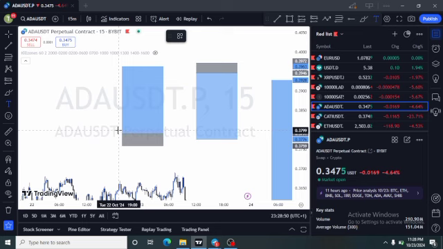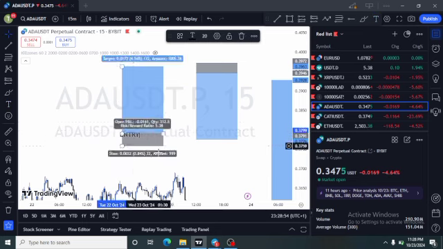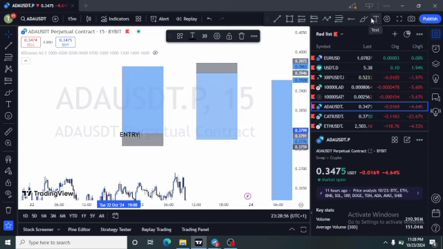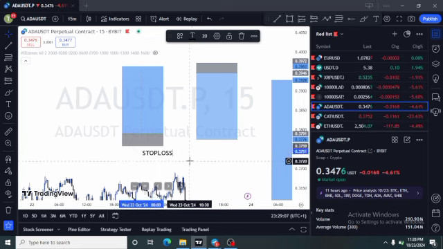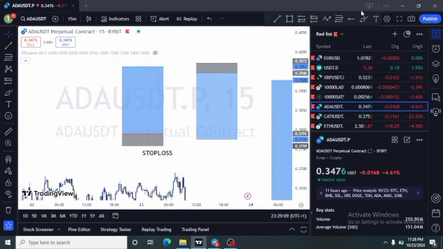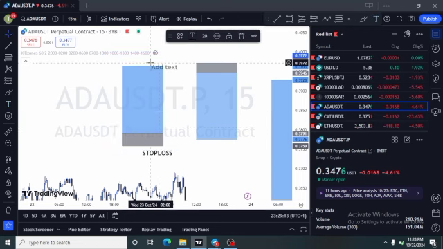This is the entry. That is where you enter the market. Then this is your stop loss, the place where you take a loss, and this is what we call the take profit.